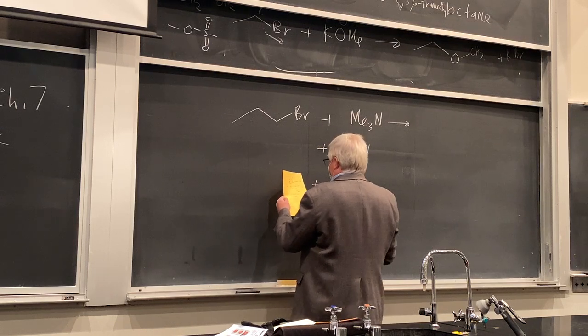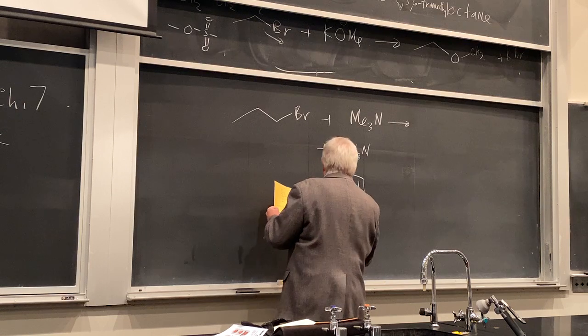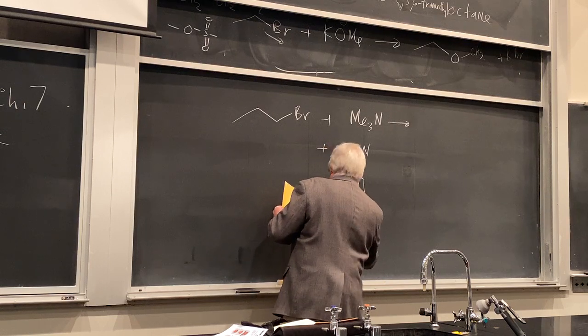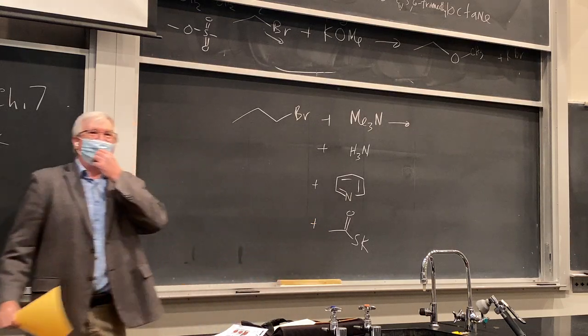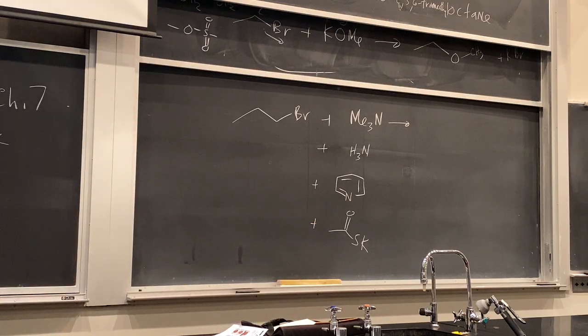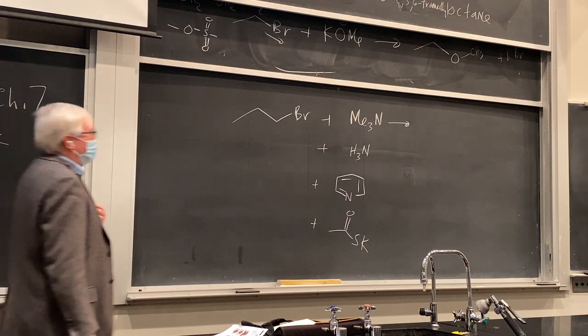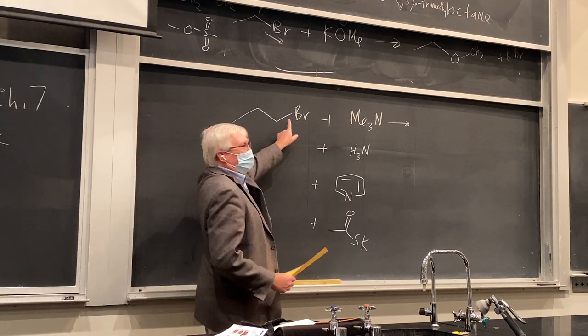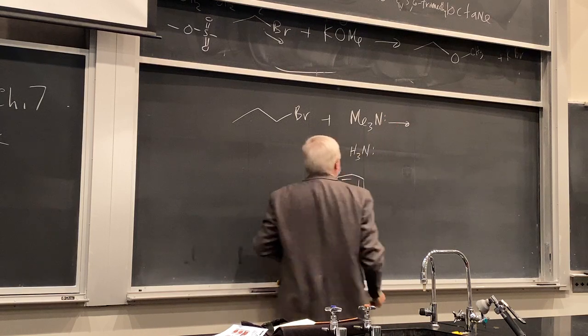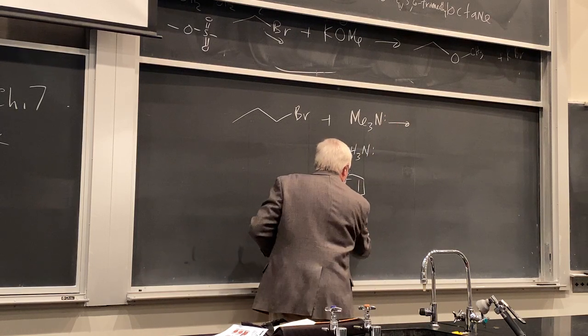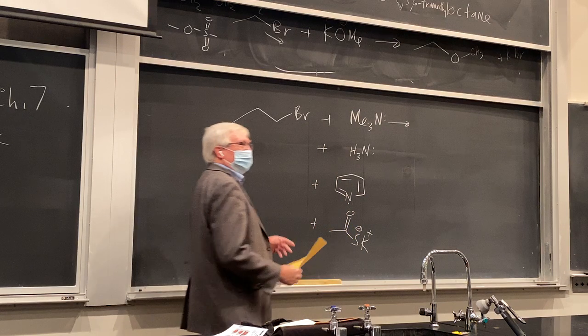A couple different amines. These are all neutral. Oh, let's add in another charged one. How about potassium thioacetate? Kind of have to examine that one and figure it out. Well, let's see. Here's our leaving group again. Here's our nucleophile. We have to add in the lone pairs, right? Oh, and the negative charge there on the sulfur.